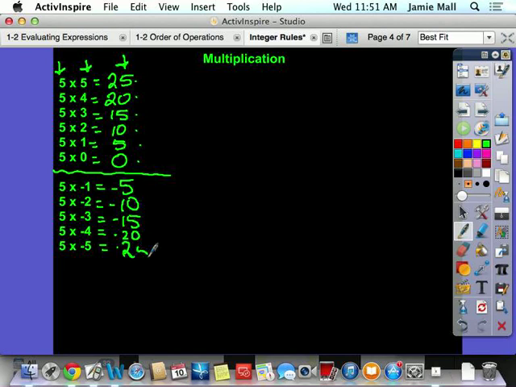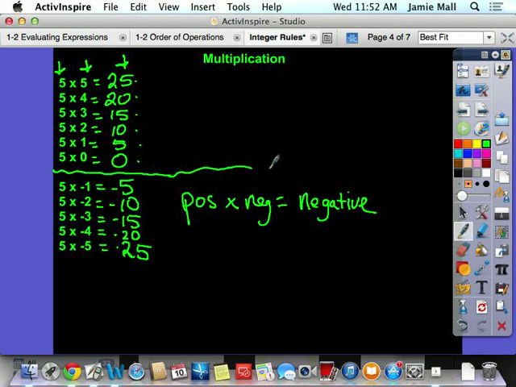Now when I look at those values, I'm thinking to myself, here I had a positive value, and I multiplied my positive value by a negative, and the product of a positive and a negative turned out to be negative. In my top half of the problems here, nothing you don't already know, a positive number times a positive number is equal to a positive number.